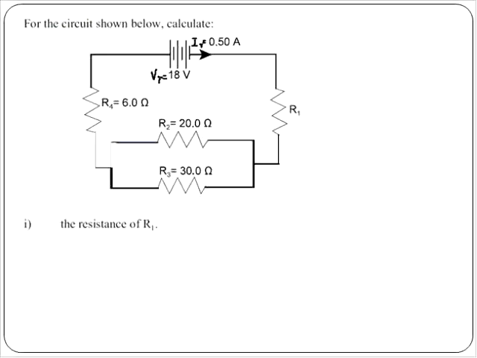Based on that, we can calculate the total resistance: V over I, so 18 divided by 0.50, which is 36 ohms. So now I know the total resistance is 36 ohms, and I know every resistor except for one. The only resistor I don't know is R1, so that should make it reasonably easy to find R1.